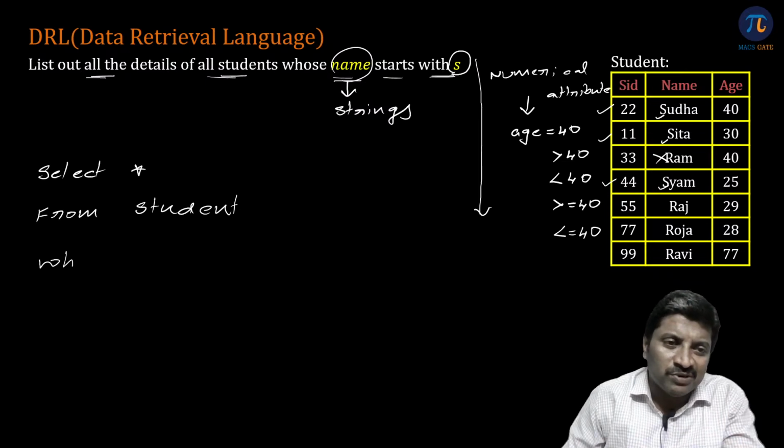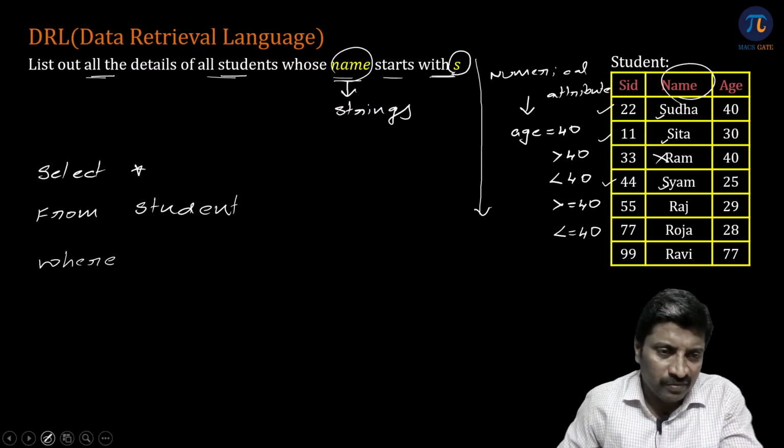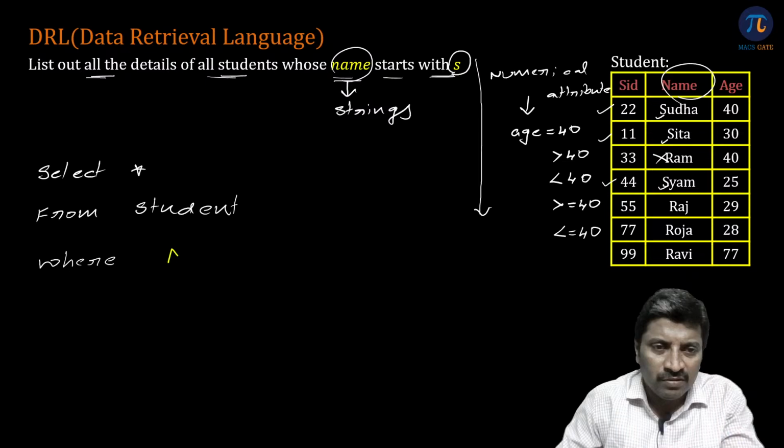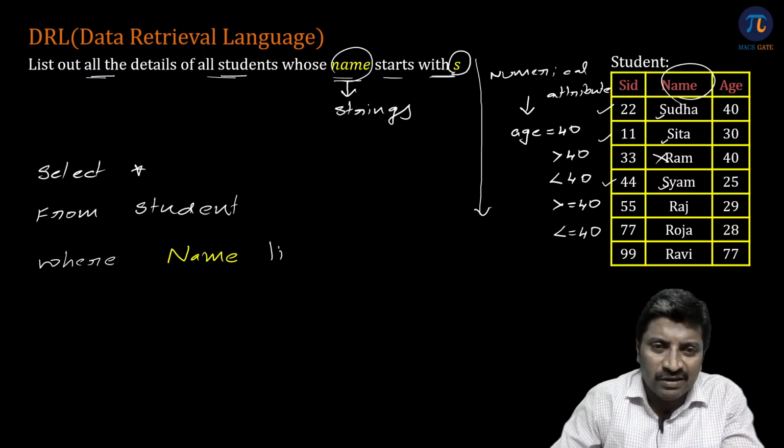Up to here it is common, sir. Where, what is the name, sir? Name is name only. Where name like. Sir, like is a keyword, sir.